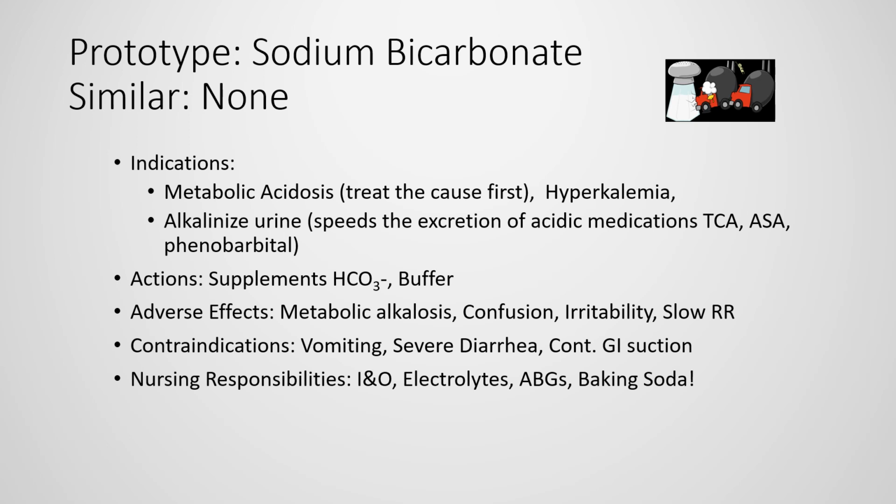What we do is we try to correct the underlying disease process. So for example, if it's diabetic ketoacidosis, we give insulin, we give IV fluids to correct the underlying disease process.